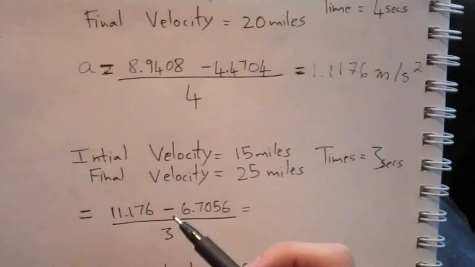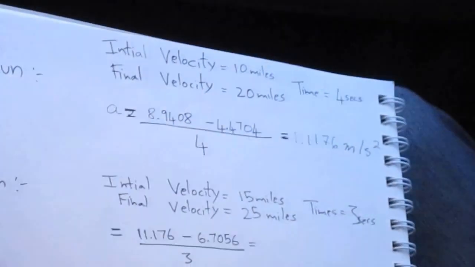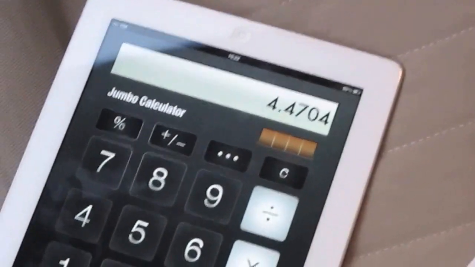Yep. So now, the answer for this one is so easy, Giovanni can say it. Answer is 4.4704. Don't cheat. Now, Kaushik is going to have to divide that in the calculator. It's 4.4704 divided by 3.